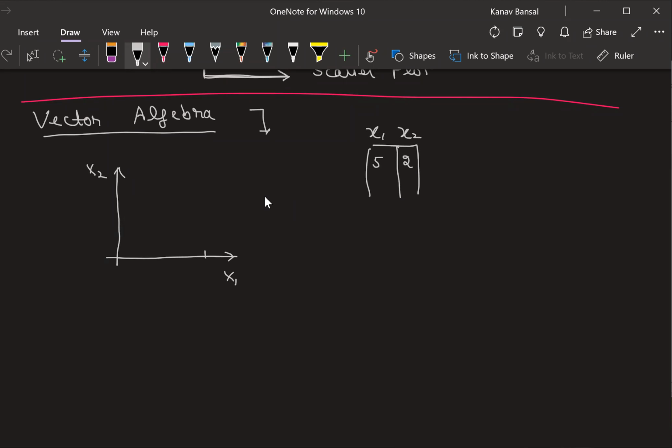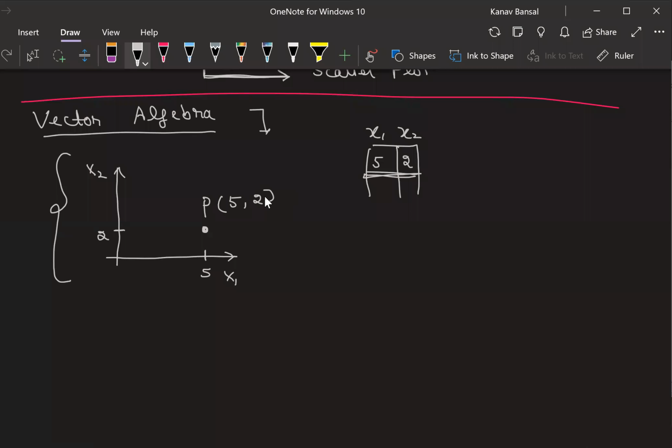So I'll go to 5 on x1 and 2 on the x2 axis, and I can just represent this dot here. Is this the correct representation of this point 5 comma 2? This is a coordinate plane, and on this plane, I'm drawing a dot. Let me call this dot point P, and this is nothing but 5 comma 2.